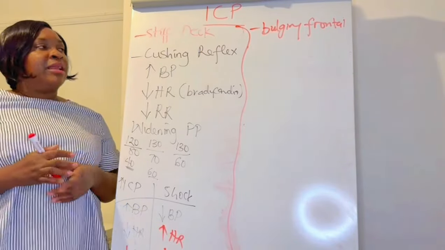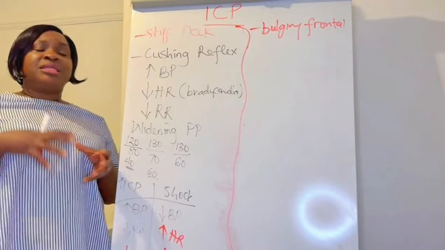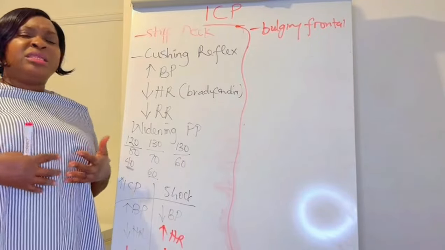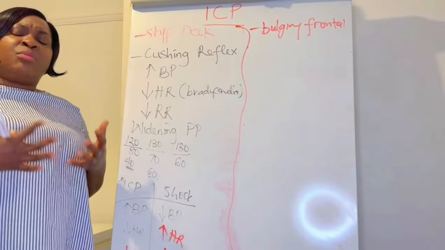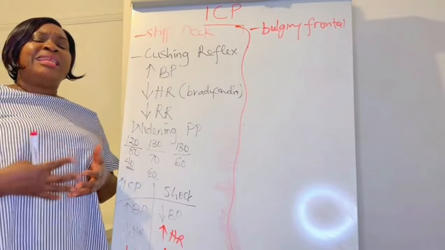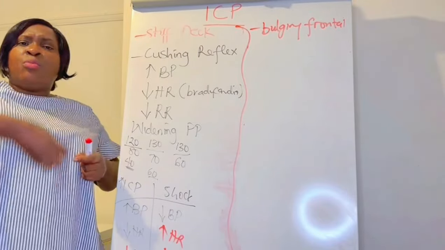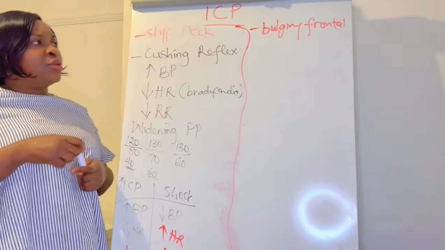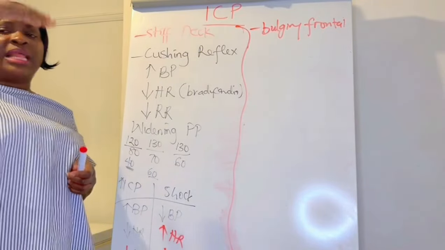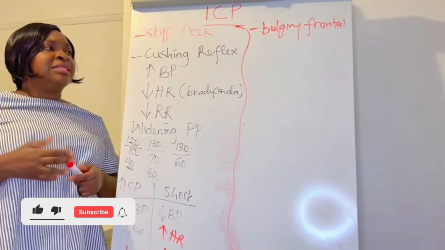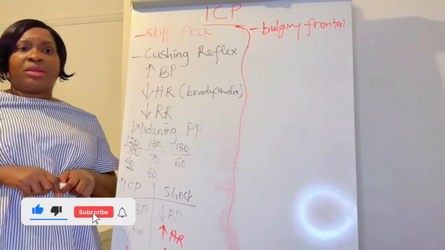And if there is anything that increases the intracranial pressure, imagine the blood flow to the cranium and there is bleeding within the cranium, it bulges out. And that's how you see the bulging fontanel. It looks like the first sign you're going to notice when this child is having an increase in intracranial pressure.